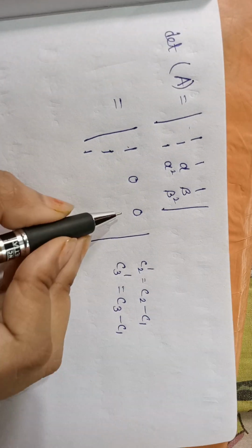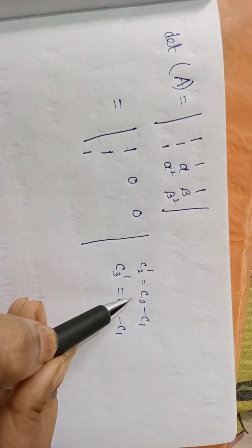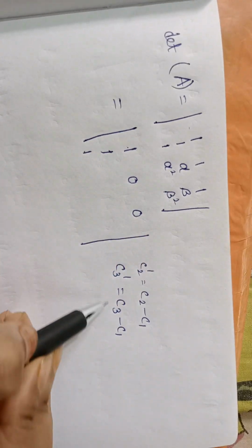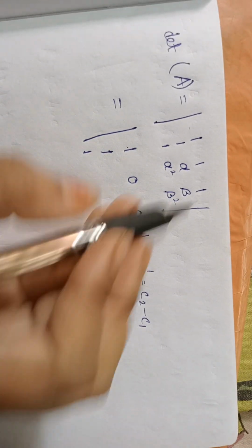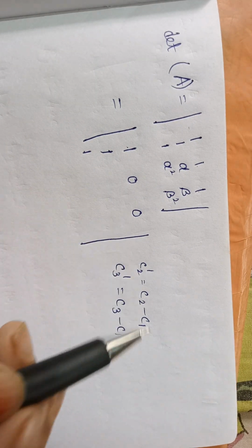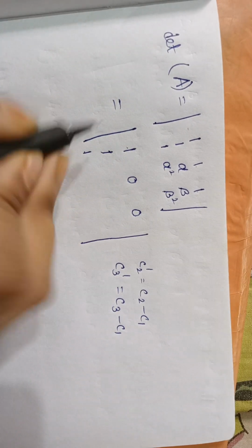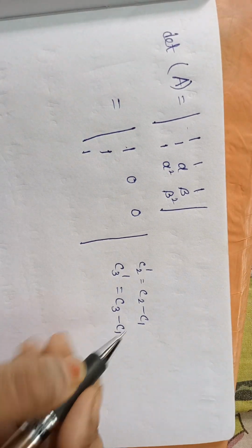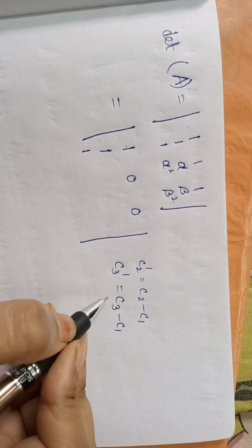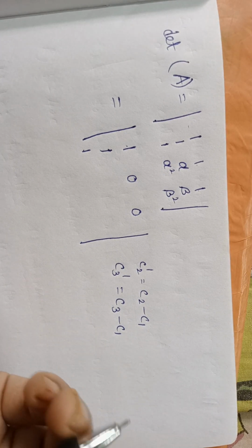Now note that when we are subtracting, we could also do C3 minus C2, so it is also 1 minus 1, so we will get 0. But no, don't do that. When we keep the first column fixed, then we have to subtract C1 from C2 and C1 from C3. If you do C3 minus C2, it will be wrong. The correct result you will not get.